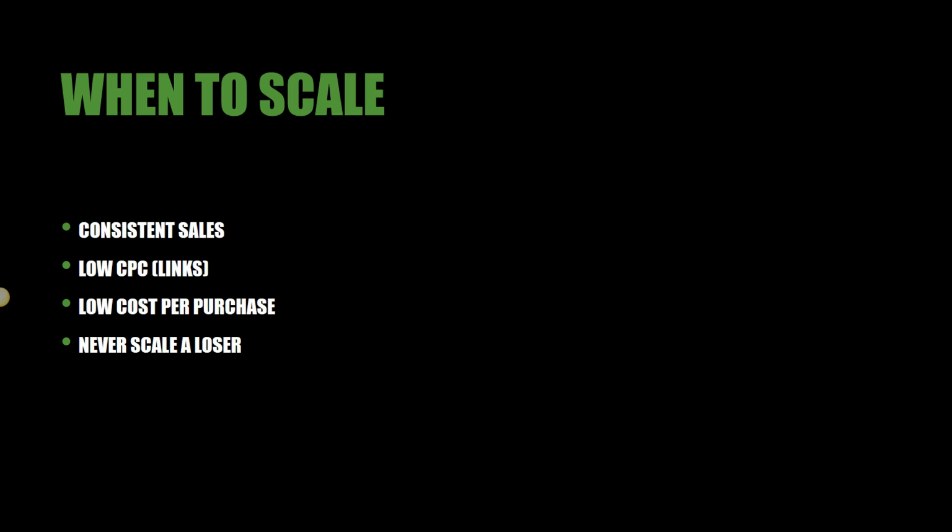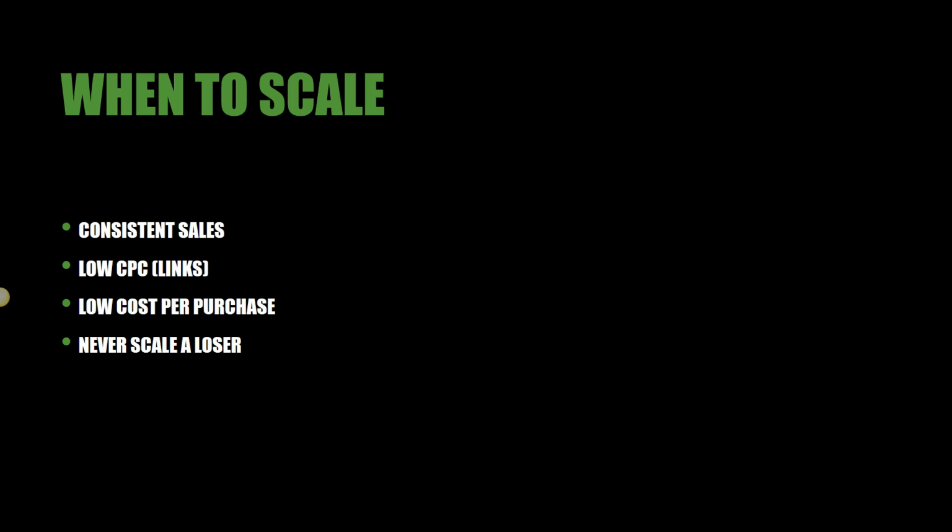So whenever you decide to scale your Facebook ads, there are certain parameters that you should look at before doing so. That way you're not scaling the wrong ads and actually losing money. So one of the things that you should look at should be that you have consistent sales. Okay, so consistency is one of the main things that you want to look at.